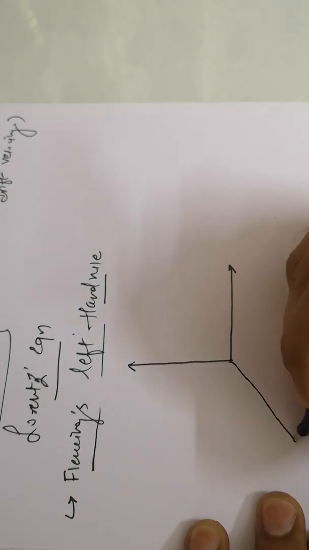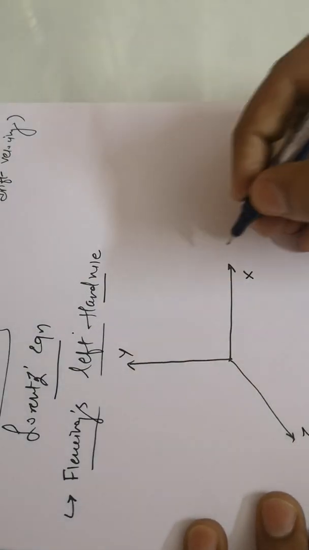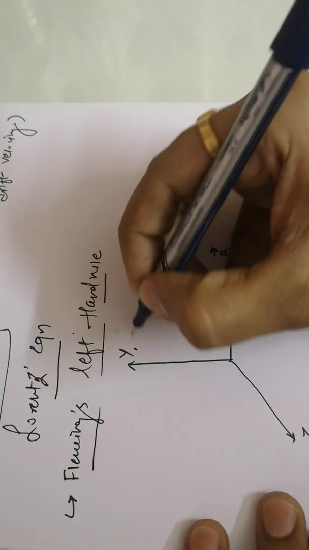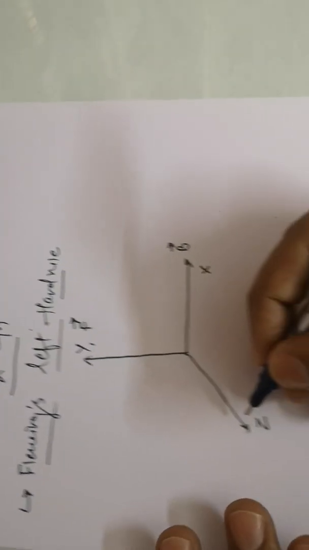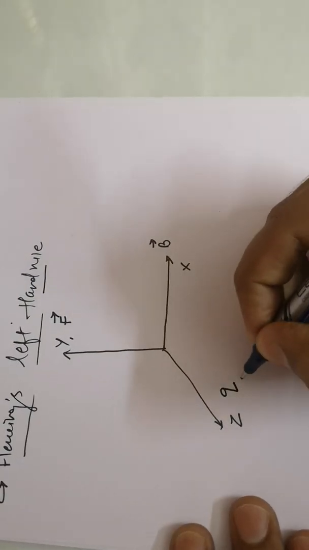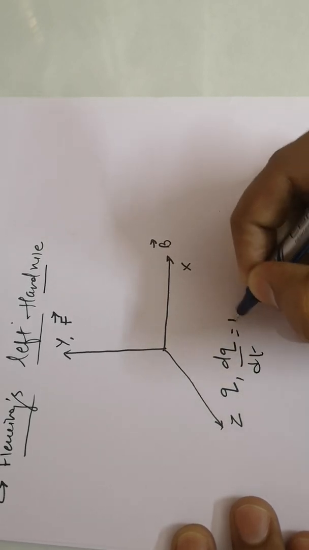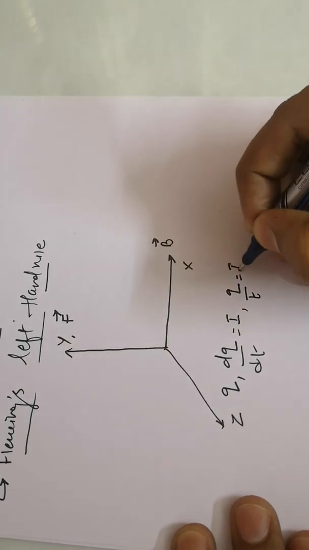Let's say I have three axes x, y and z. On the x axis I am putting the magnetic field B. On the y axis my force is F. The z axis is where I can find the charge, or the flow of the charge, which is our current, generally q by t.